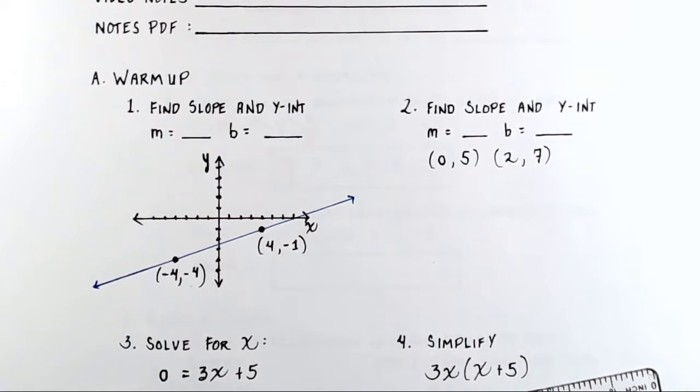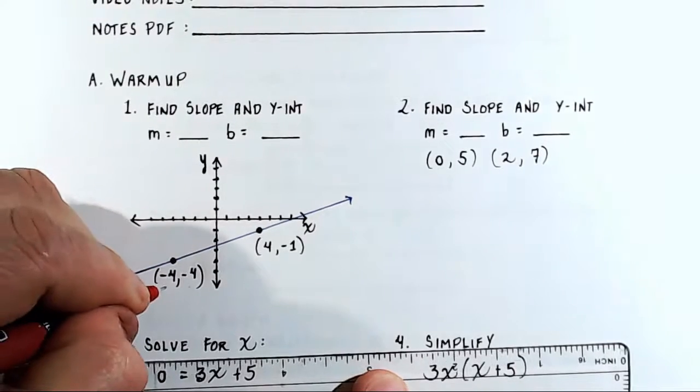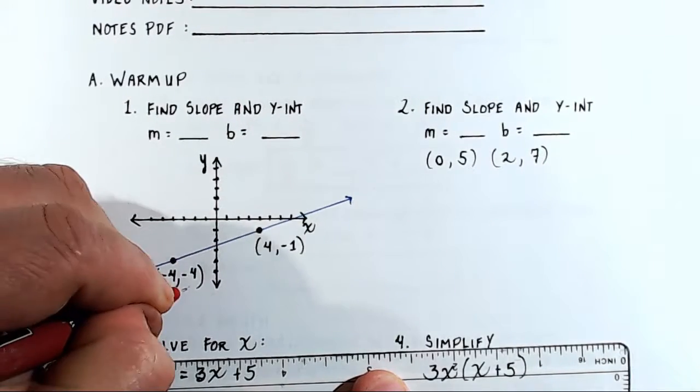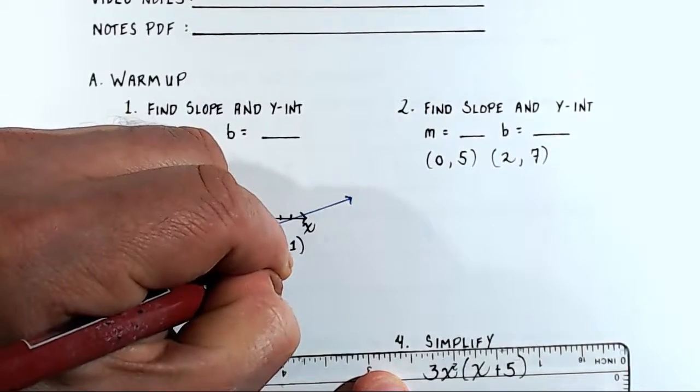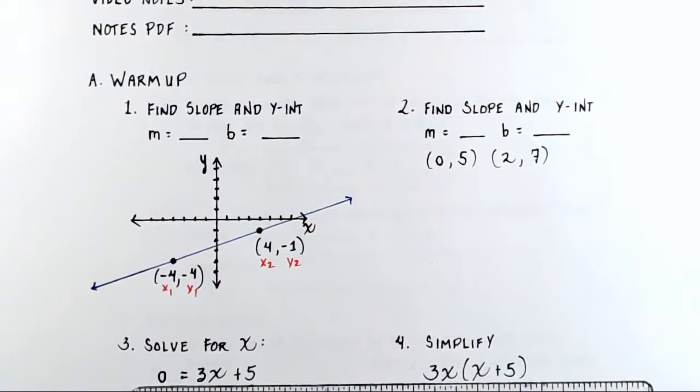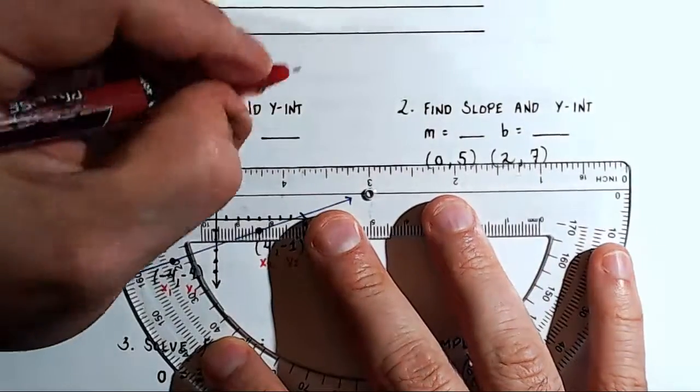Okay, so now all I've got to do is make sure I know what the slope formula is and label these points x1, y1, x2, y2. So we'll write the slope formula down. Maybe we'll write it right here.